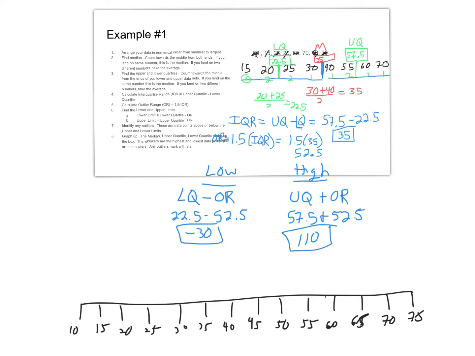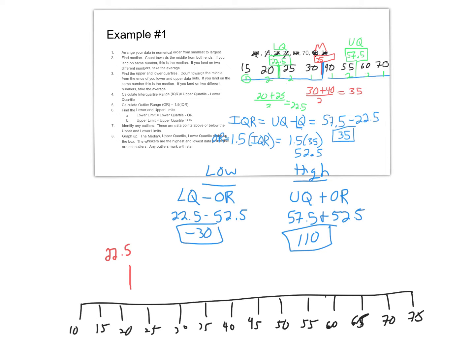All right, so to construct the box and whisker now, we're going to start with our data here: the lower quartile, median, upper quartile. When I draw it in, lower quartile was 22.5. So I'm going to find approximately where it is. I make my line, and I like to put the data above so people can easily read my graph, so they don't have to guess at what it is. So 22.5 there.